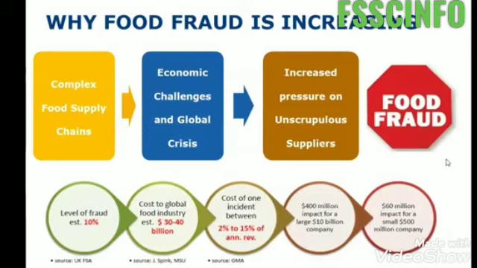So authorities are not really focusing on the enforcement of food legislation, or they are working on other parts as well. So there is economic pressure. People are just picking up the product, because if a product was 50 rupees per kg and in the COVID situation it is selling at 70 rupees, people still buy because they do not know whether they will find this product after 2 or 3 months. So this is an economic challenge and a global crisis as well.